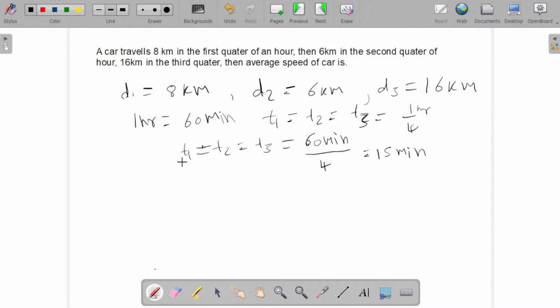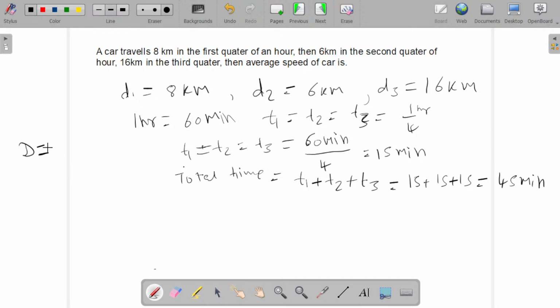So they will go like this: total time equal to T1 plus T2 plus T3 equal to 15 plus 15 plus 15 equal to 45 minutes, and our total distance is equal to 6 plus 8 is 14, 14 plus 16, it's 30 kilometer.